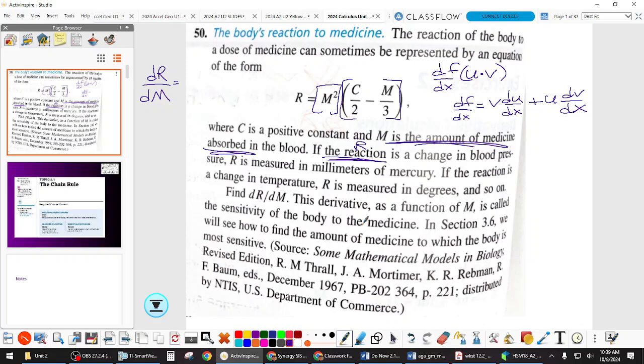Nice, good job. Even though we've assessed on the product rule, we will need to have that ready to go anytime we need it. So, in this case, c over 2 minus m, that looks messy, minus m over 3, that's v, and then du dm is just 2m, plus m squared. And then what's the derivative of that thing?